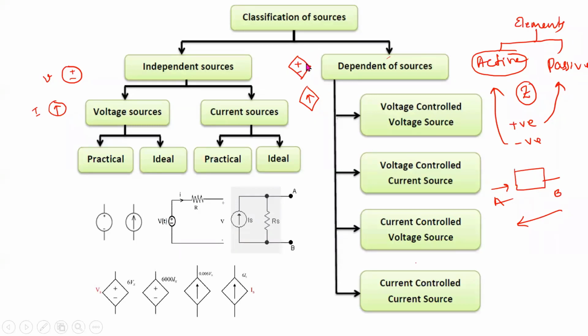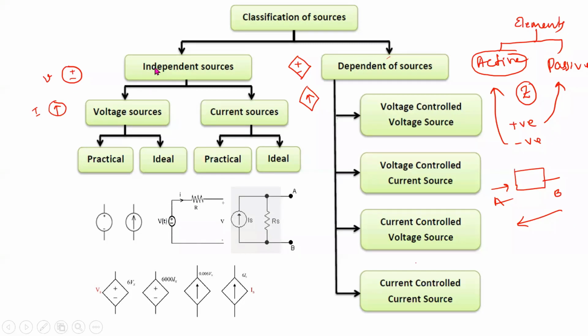It indicates a dependent voltage source or a dependent current source. The rhombus indicates a dependent source, and the arrow indicates a dependent current source. Voltage source, current source: the difference is independent voltage and current source versus dependent voltage and current source.